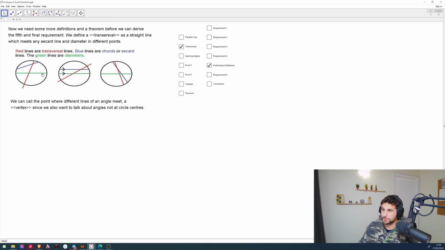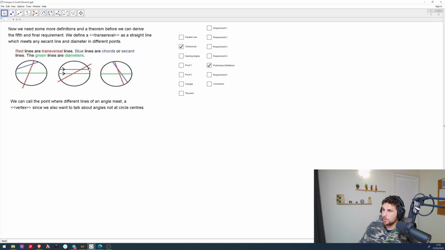In this case we have the circle, the green diameter, a random blue secant, and a red line which we call a transversal, which meets these two lines. Another case is where this blue secant is parallel to the green diameter, and then a third random case.